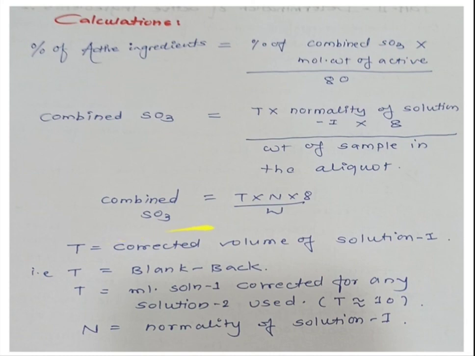So combined SO3 can be simply written as T into normality of solution 1 into 8 divided by W. Here T is the corrected volume of solution 1, that is obtained by taking the difference, blank minus back titration, and T is the ml of solution 1 corrected for any solution 2 used, and T will be nearly equal to 10, and N is the normality of solution 1. So by using this method we can calculate the percentage of active ingredients and the combined SO3 as well.